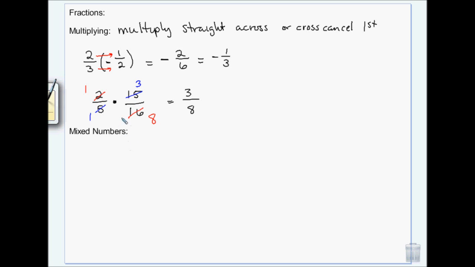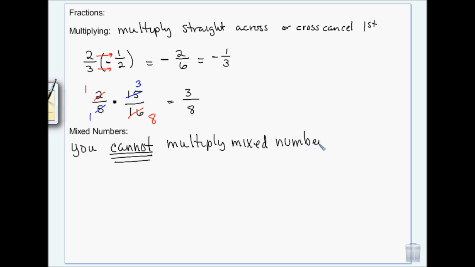Mixed numbers. You cannot multiply mixed numbers, period. Can't be done. You have to convert them first.